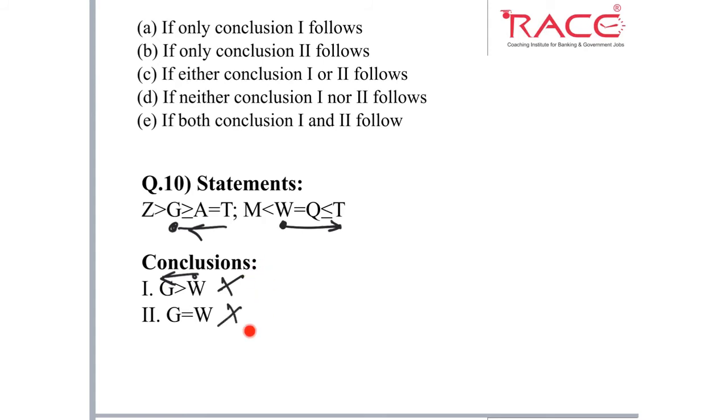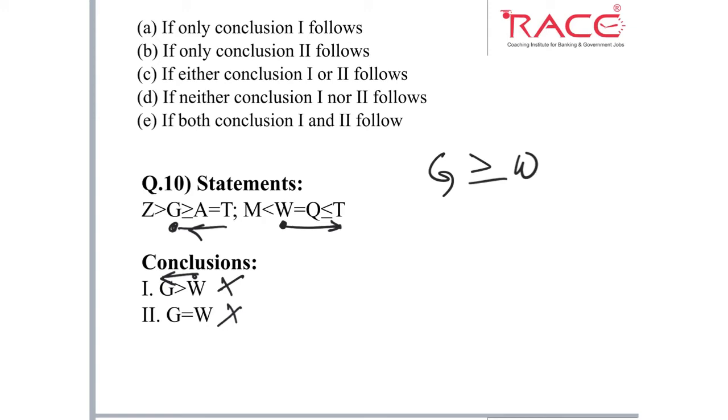Now we will check these two conclusions for the either or condition, as we have the same two elements. So this is the second case where in the statement between the two elements G and W we have a conclusion. What conclusion do we have in the statement between G and W? That is greater than equal to, but in both conclusions we do not have this sign.